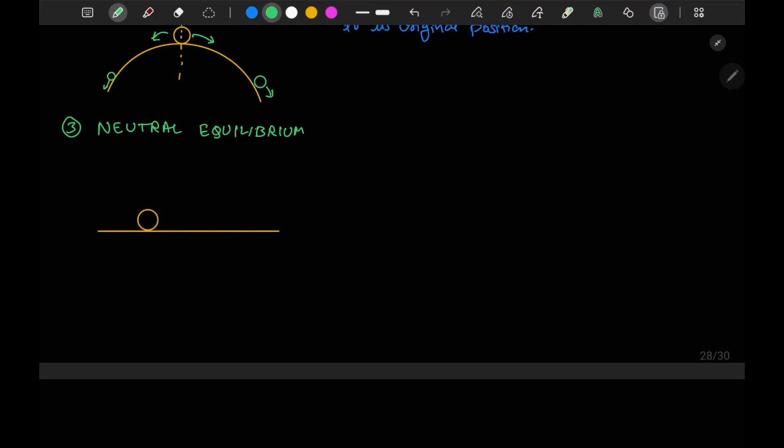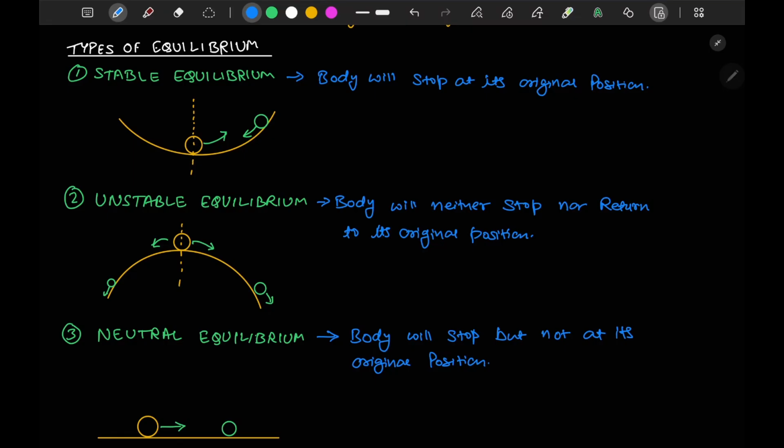Now if we move the ball here, the ball will stay at this location only. So in neutral equilibrium, your body will stop, but not at its original position.